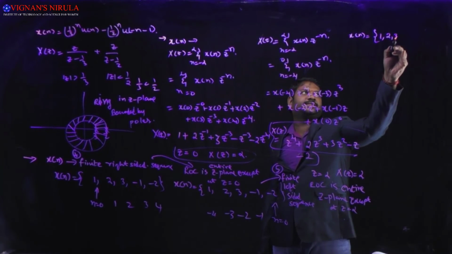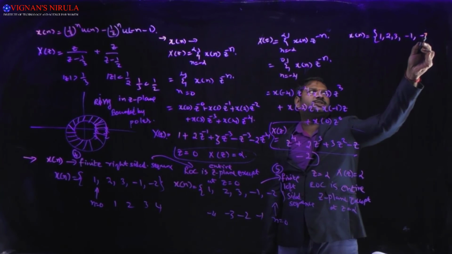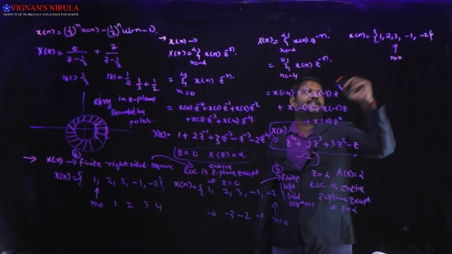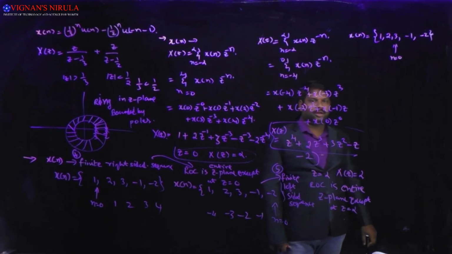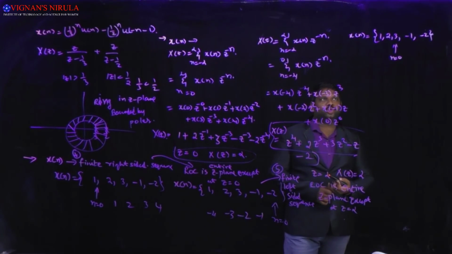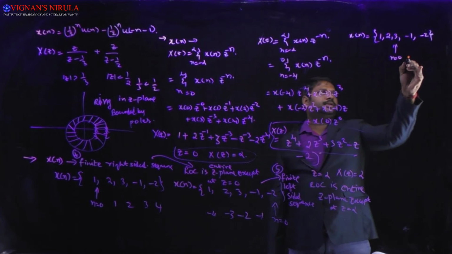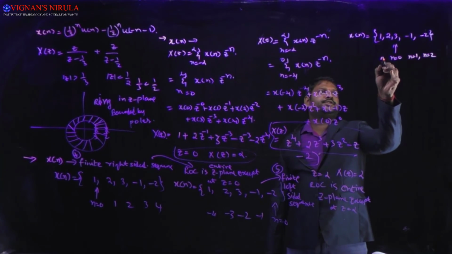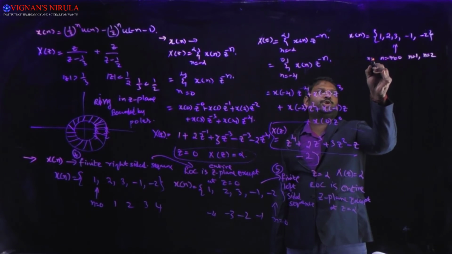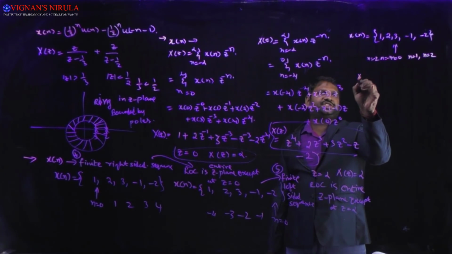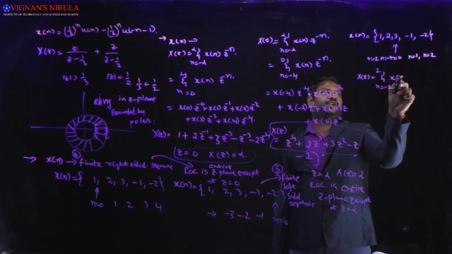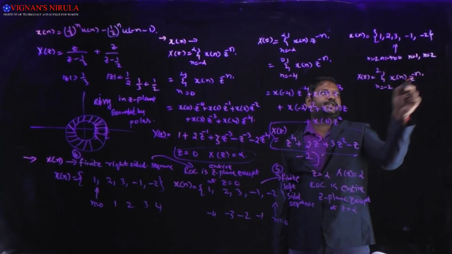Similarly, for the next point, if you take the x of n as 1, 2, 3, I'm taking the same values, but only the position of n is changed. Now I am fixing n is equal to 0 at the center, because the arrow mark indicates that n is equal to 0 is the center. Next, n is equal to 1, n is equal to 2 here, n is equal to minus 1, n is equal to minus 2. Therefore, its z transform is x of z as summation n varies from minus 2 to 2 x of n z power minus n.